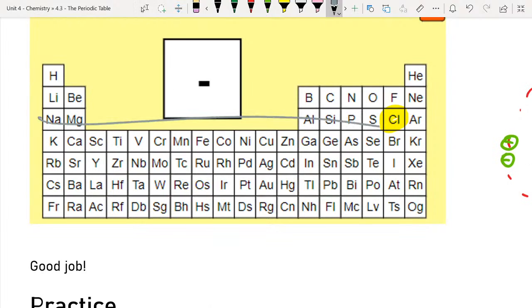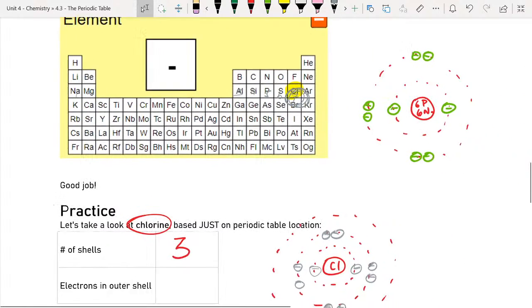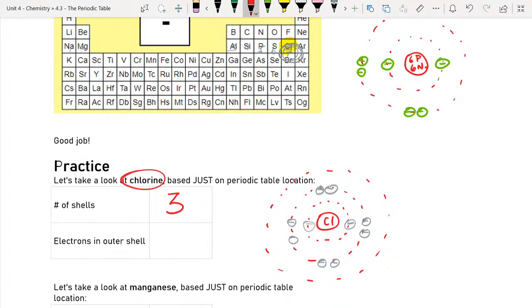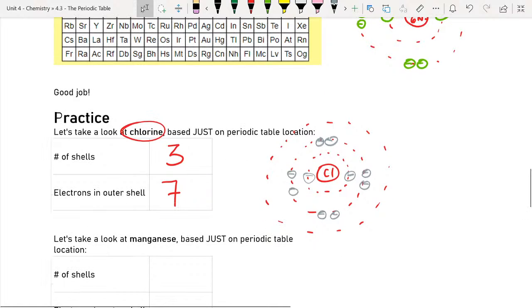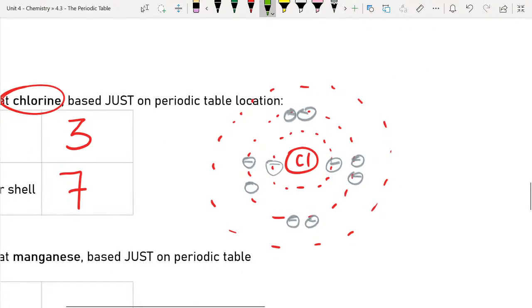Because when we count over, sodium has 1, magnesium has 2, aluminum 3, silicon 4, phosphorus 5, sulfur 6, and chlorine 7. So that means there's 7 electrons in its outer shell. Which means when we go to fill the valence in, we'd go 1, 2, 3, 4, 5, 6, 7, not a full shell. Close to a full shell, not a full shell.